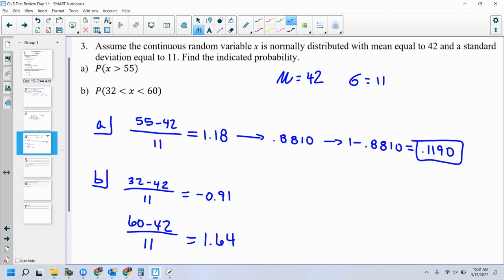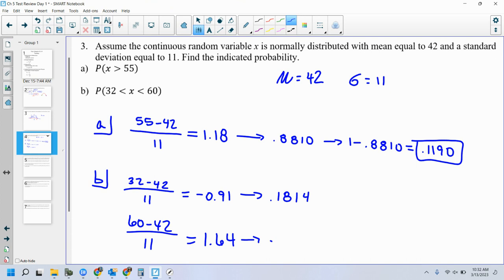So let's find each one of those percentages. Negative 0.91 is 0.1814. And we'll do 1.64, which is 0.9495.